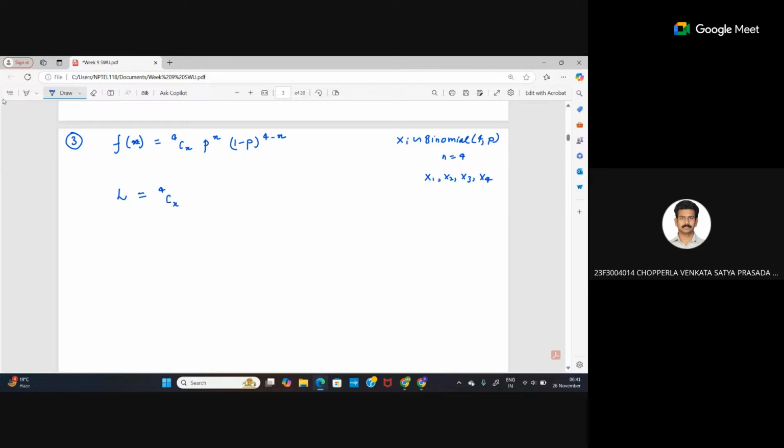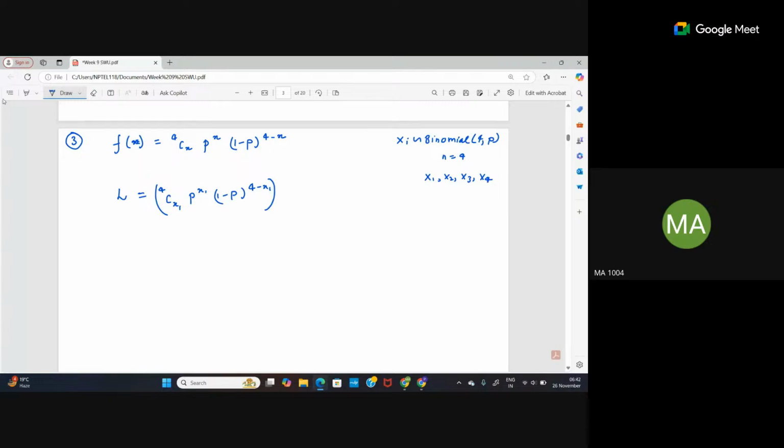So it will be 4Cx1, right? Can we directly substitute the value itself there too? No. That is the sample given to you, but you have to write the function first. So it will be 4Cx1 into p to the power x1, then 1 minus p to the power 4 minus x1, right?